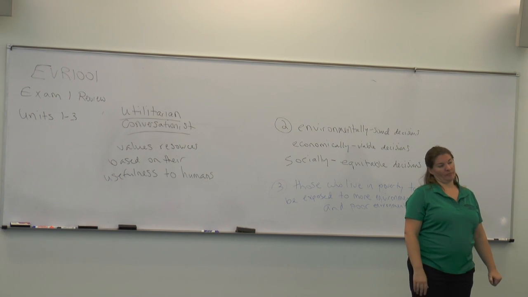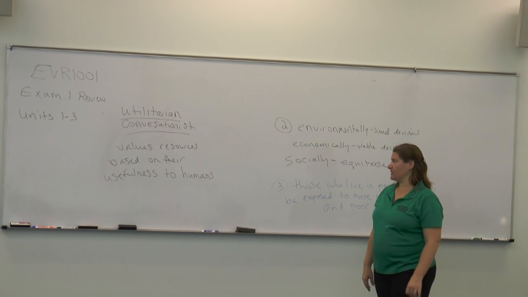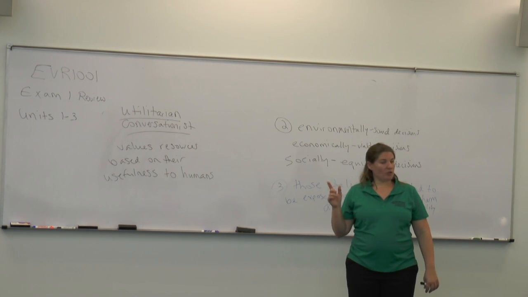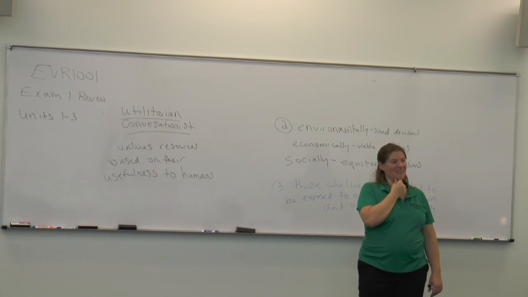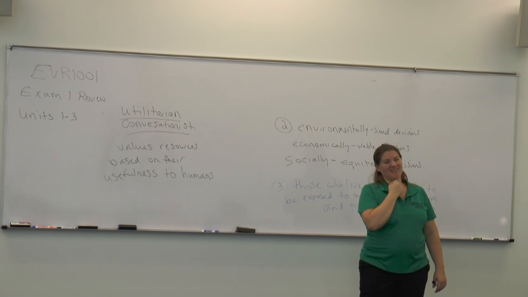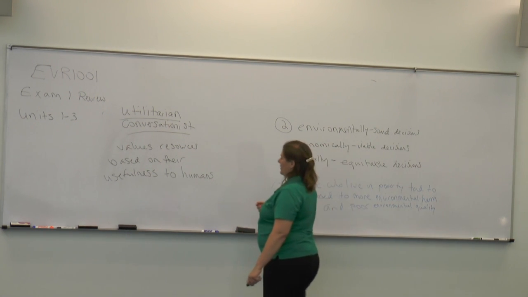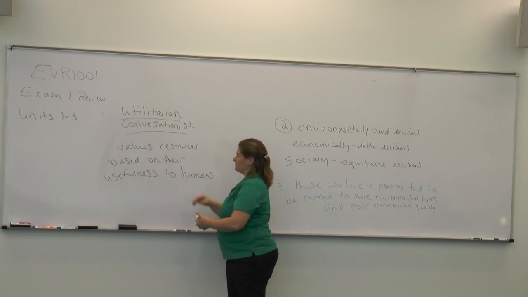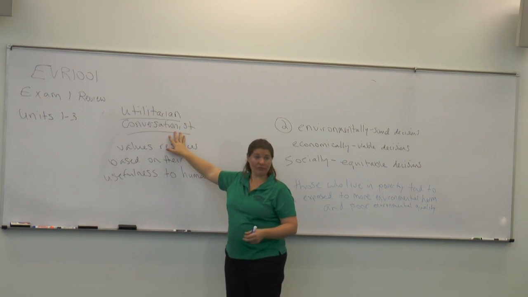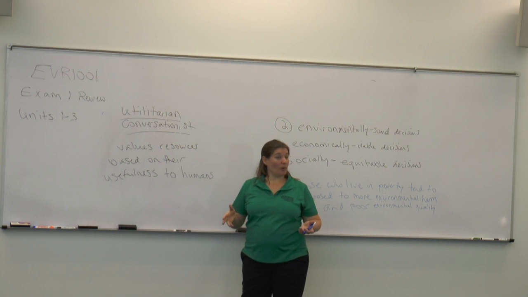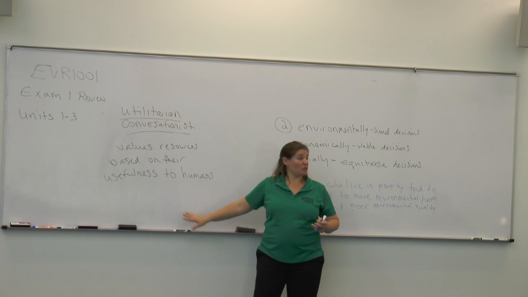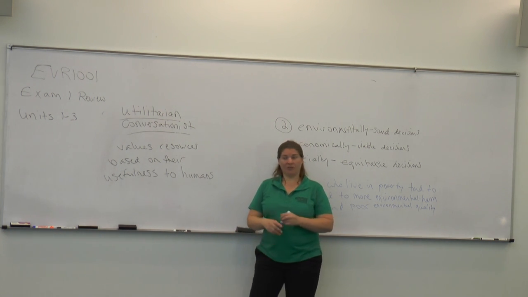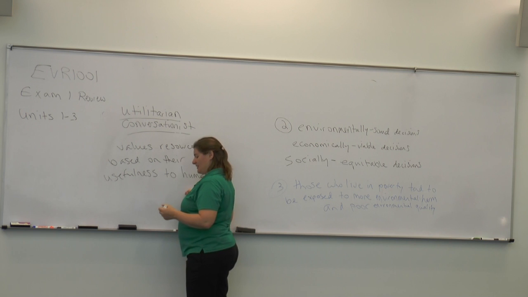Utilitarian conservationist. And do you remember what person was actually a president of the U.S.? It wasn't Muir. Muir wasn't a president. He's the other one. Who was the president who had this worldview and even founded the national park system to make sure that there were pieces of land that could be used by humans?